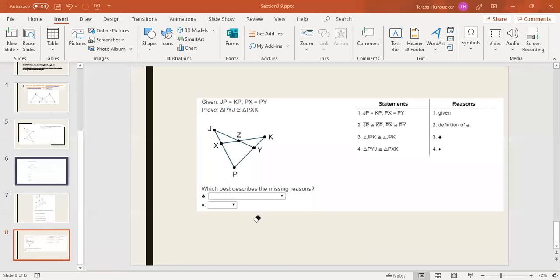Okay, looking at this last proof, it says that JP, and it's hard to mark, JP is equal to KP. JP and KP.